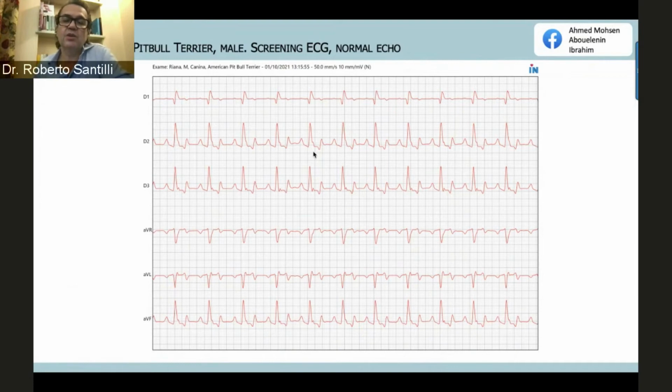Don't use sotalol if you have congestive heart failure due to right side failure. So if you have right ventricular systolic dysfunction, don't use sotalol. It's not the same if you have left ventricular systolic dysfunction. I think they can handle it better, but if you use sotalol in right ventricular systolic dysfunction, you can either induce sudden death, and we have seen it, or you can induce congestive heart failure, and I've seen it.